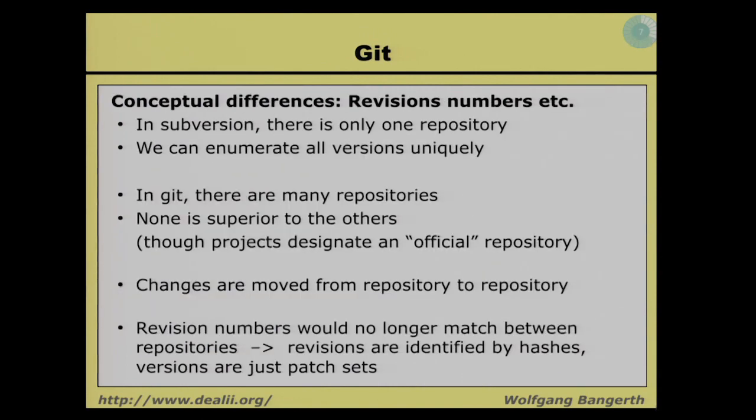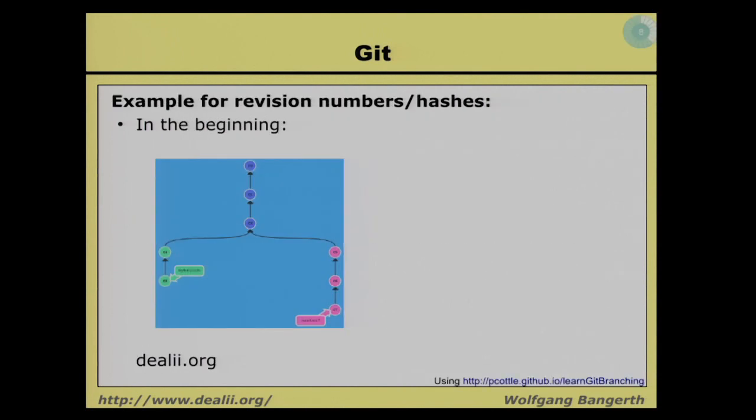To show you a little bit about this workflow, let's say there is a repository that we agree is central, but that's up to us as a group to decide which we consider the central repository. Let's say it's located at deal.II.org. Somebody has made 3 changes, created a branch, and made 3 more changes on the master.